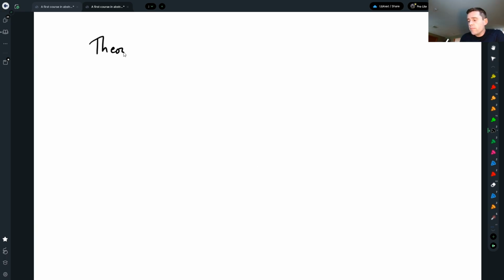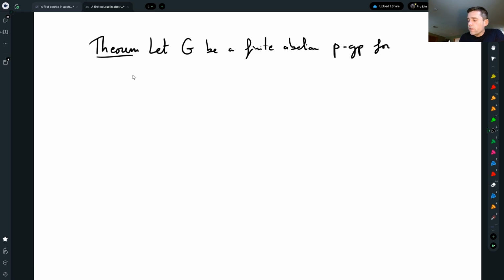Theorem: let G be a finite Abelian p-group for a fixed prime p.